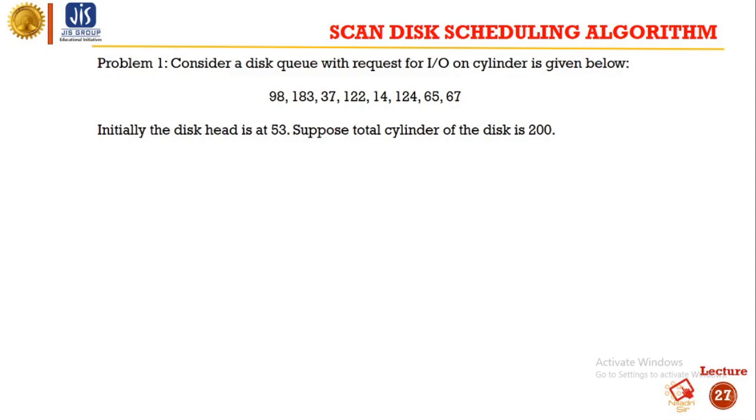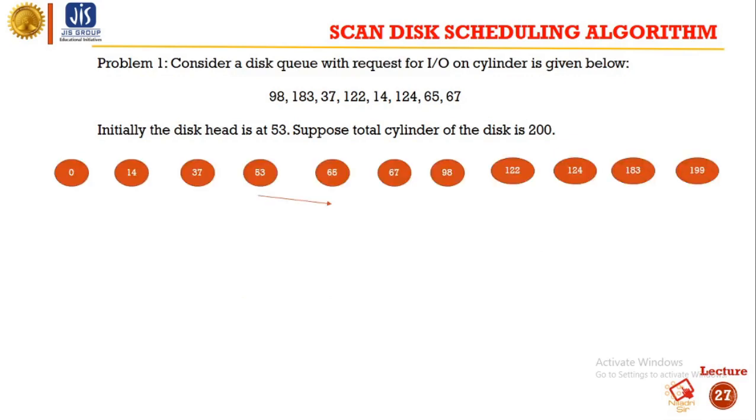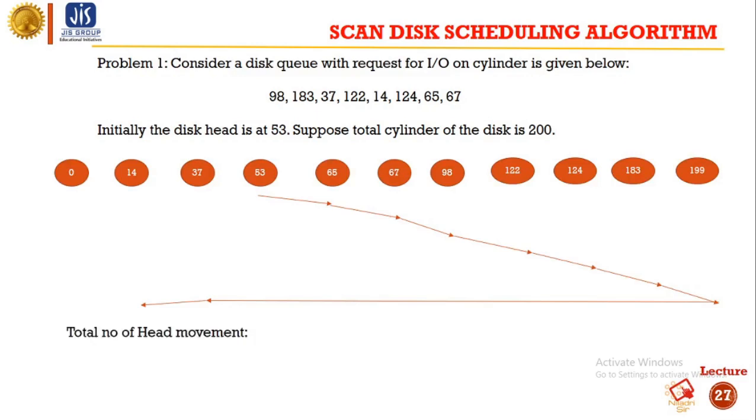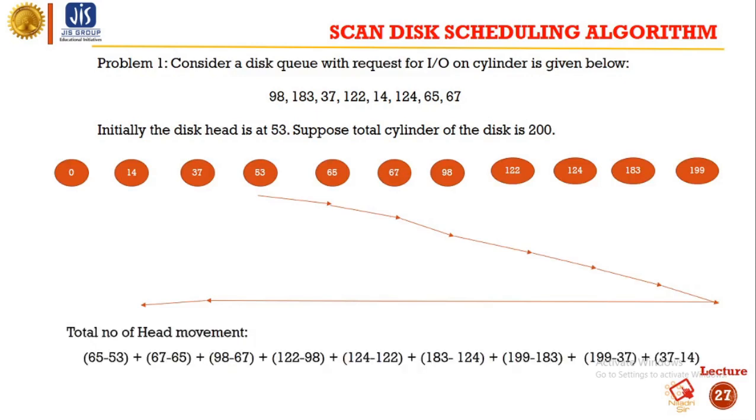So now we will find out the total head movement. Okay, so the total head movement is, as you can see, we have moved from 53 to 65. So 65 minus 53.